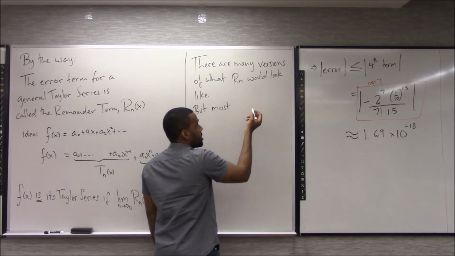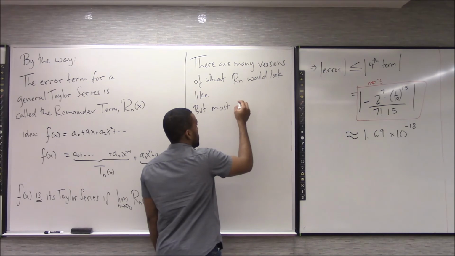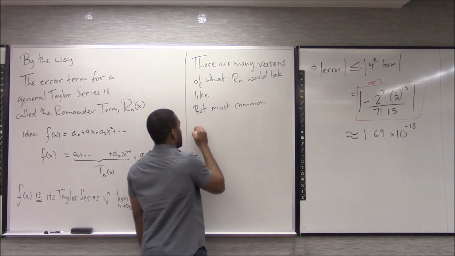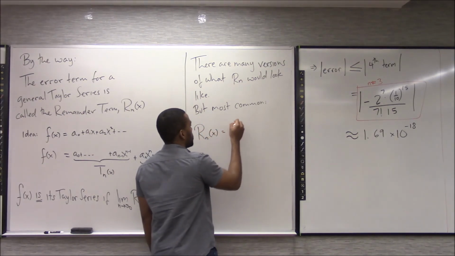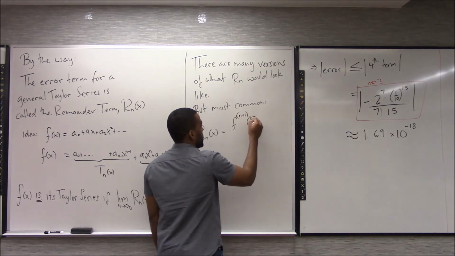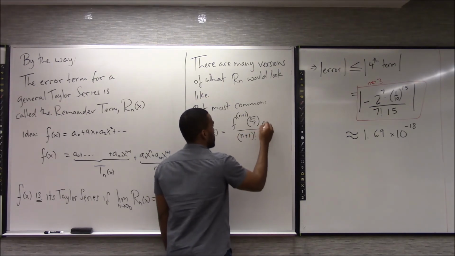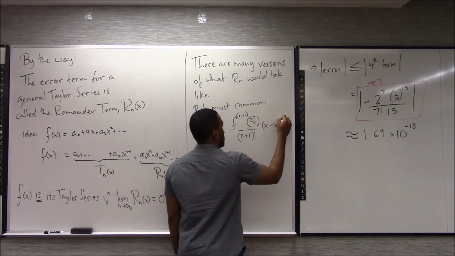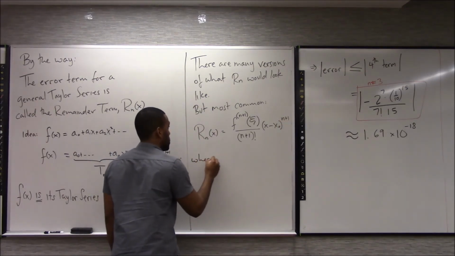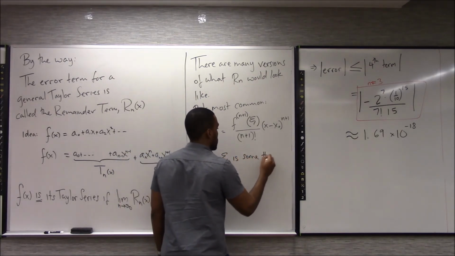It actually looks like the n plus first term. It's actually very similar to the alternating series approximation. The most common is R of x is equal to the n plus first derivative evaluated at some number, over n plus 1 factorial, times x minus x naught to the n plus 1, where this guy is some number.